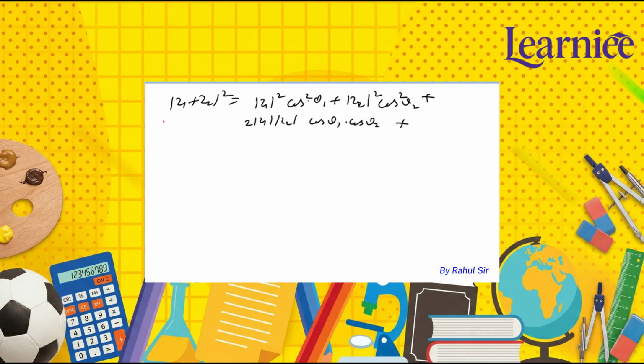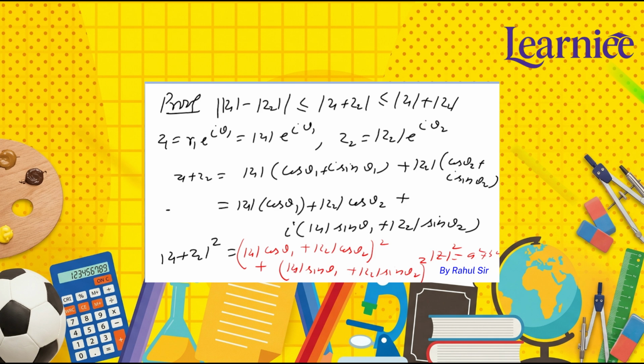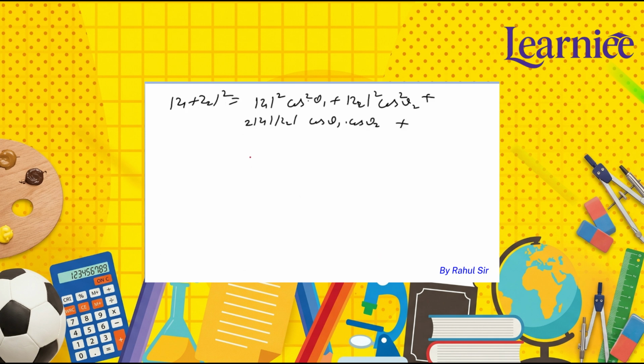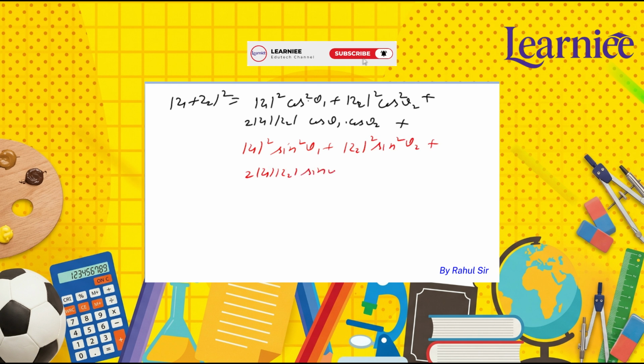Squaring the imaginary part similarly gives mod z1 squared sin squared theta 1 plus mod z2 squared sin squared theta 2 plus 2 mod z1 mod z2 sin theta 1 sin theta 2.